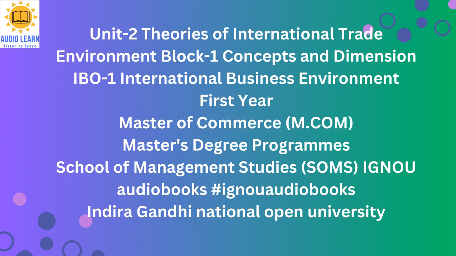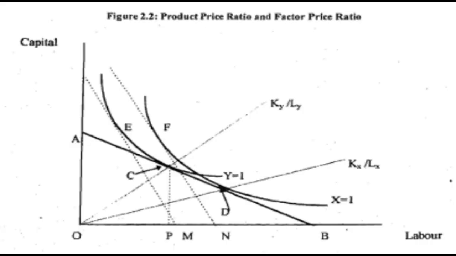In figure 2.2, unit isoquants are drawn and these are marked as X-1 and Y-1. These isoquants represent one unit of output for each of the two products. Every good will be produced at the minimum cost by the profit-maximizing producers. AB is the isocost line whose slope is the factor-price ratio, W/R.